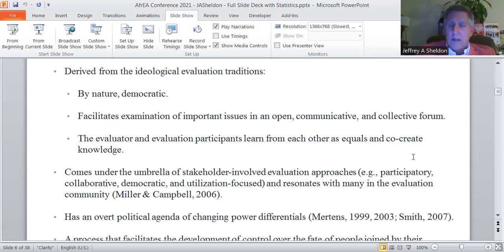And so there are a lot of people in the evaluation field who resonate with this idea of a value-laden evaluation approach. The opposite of that would be just a positivist approach where you're doing randomized control trials.